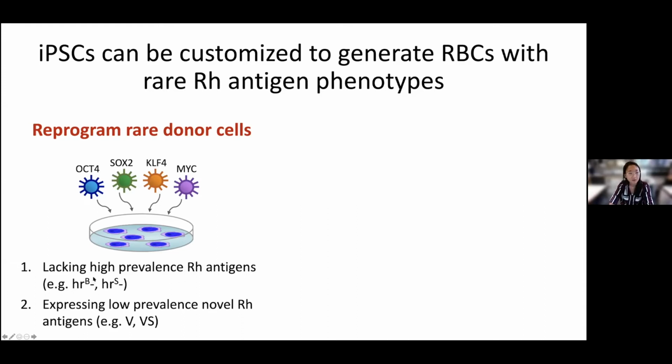And the line that we have is negative for the high prevalence antigen HRB, while positive for the other high prevalence antigen HRS. And the second line that we have is the reverse of that. So negative for the high prevalence antigen HRS, positive for the other high prevalence antigen HRB. And then our third line expresses a low prevalence Rh antigen V and VS.